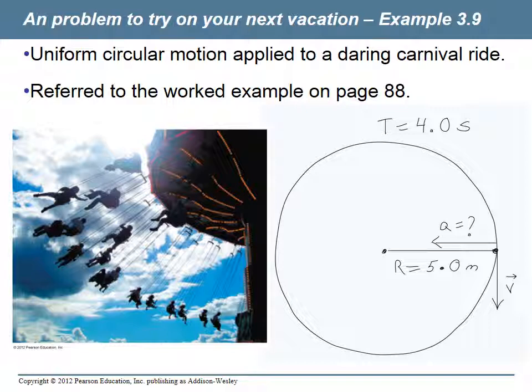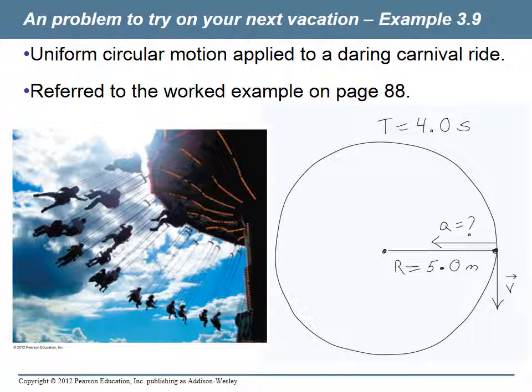Another one that we can do really quickly: we're looking for acceleration, we're given a radius, and we're given not a velocity but a time. This capital T is a period, a period of 4 seconds.